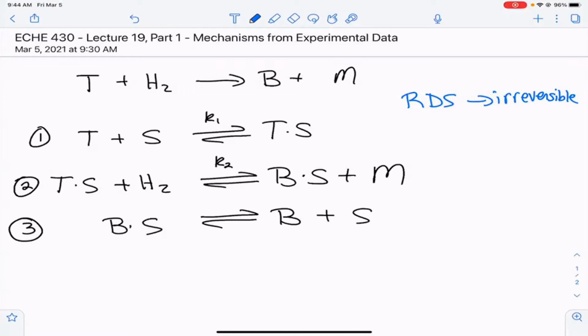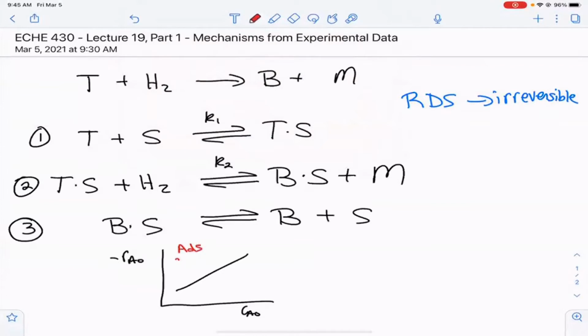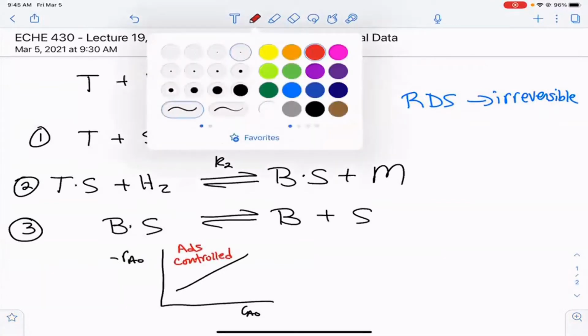Well, in our previous class, we showed that we could do this by looking at the shape of initial rate plots. And remember that when we had something that looked like minus RA0 versus CA0, when it was a straight line, that was adsorption controlled, right? Or the adsorption step was the rate determining step.